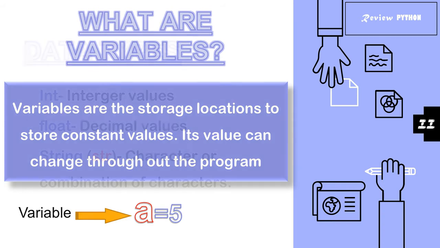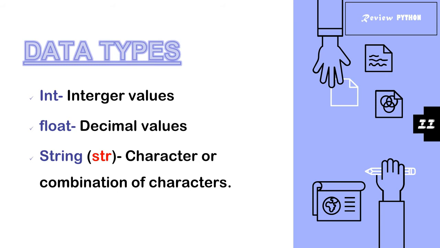Next on the list is data types. Basically in Python we have three basic data types: int, float and str, which is for string. Int means integer values. Basically it holds all the integer values that we insert in a variable. Next one is float, all the real numbers which are expressed with a decimal point.